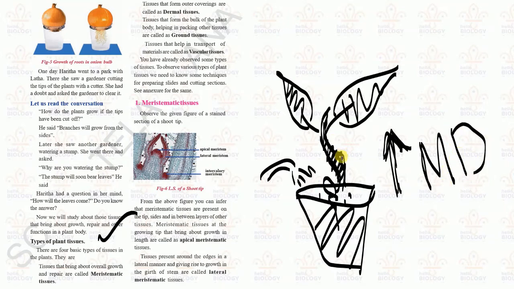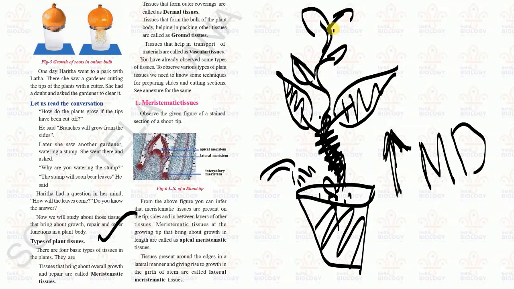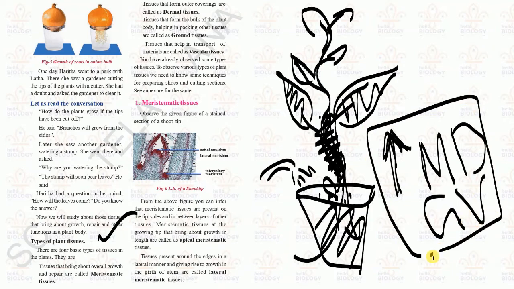And to give strength to the plant so that it does not fall down, that is given by ground tissue. And to supply water to the plant and food to the roots, one more tissue is there, called vascular tissue. So these are the 4 types of tissues: meristematic, dermal, ground, and vascular.